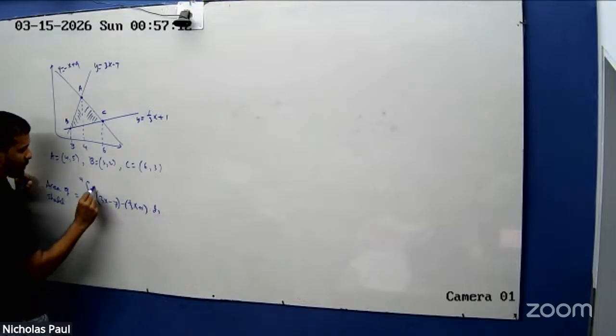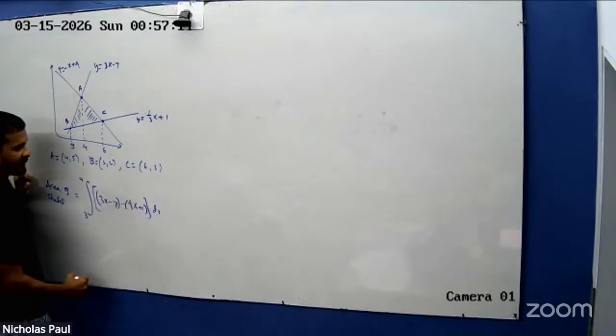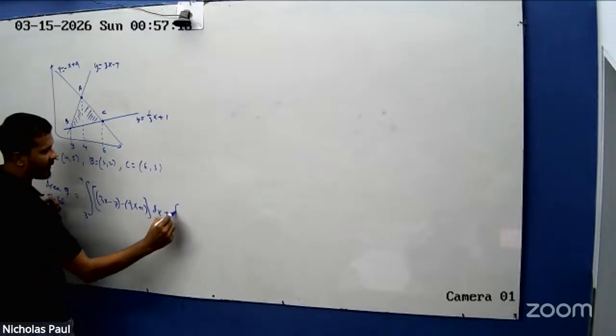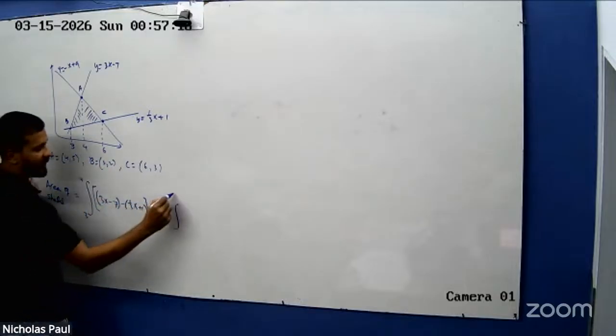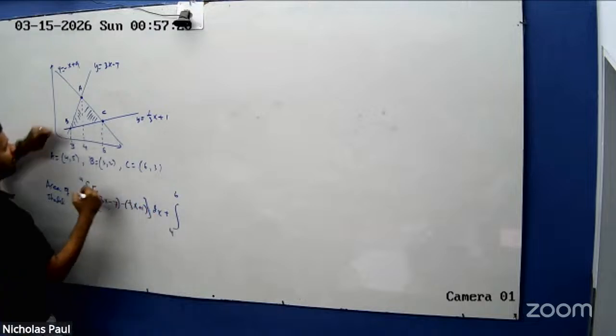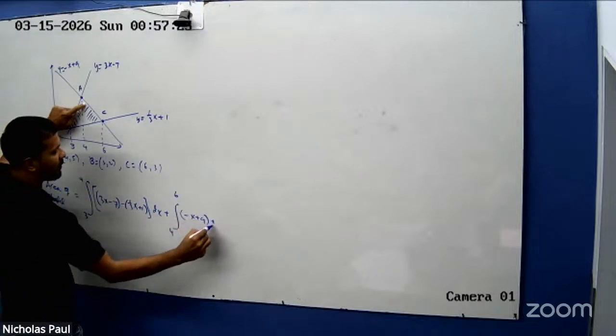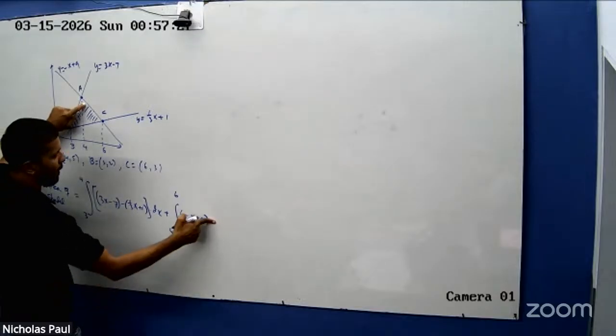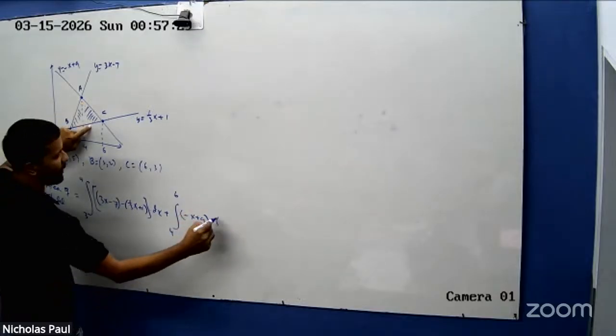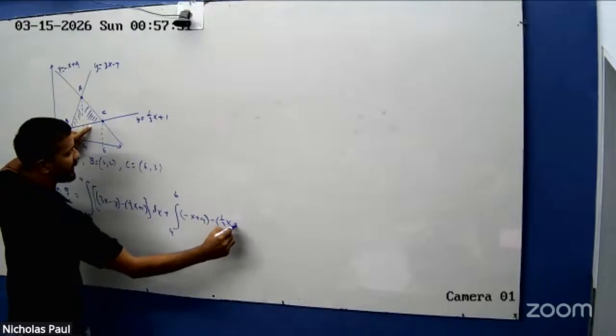Use a big bracket here so you don't mix anything up. Add it to the integral between 6 and 4 of the one on top, minus x plus 9, minus the one underneath, 1/3 x plus 1.